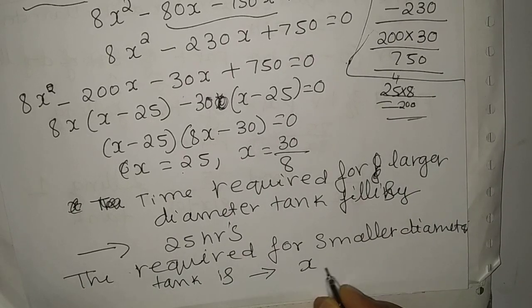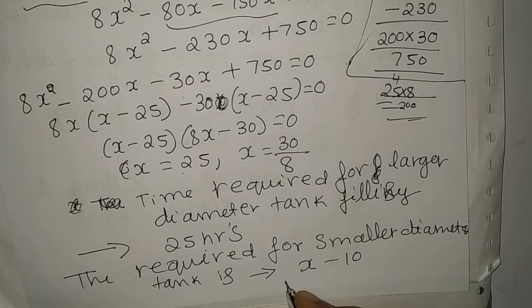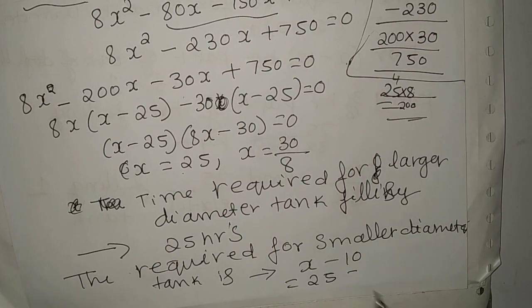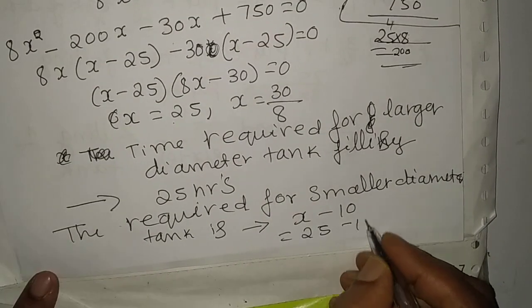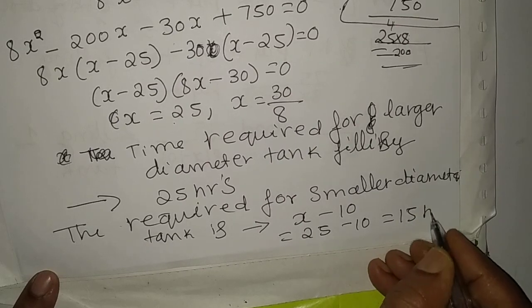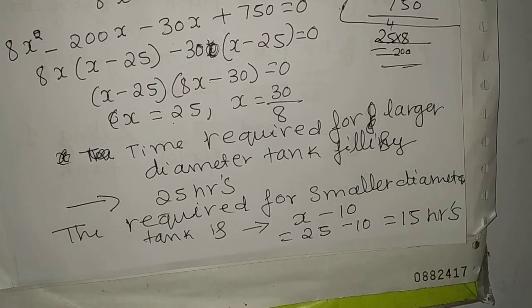That is x minus 10. Therefore, substituting x minus 10 will be how much? 15 hours. So this is the solution.